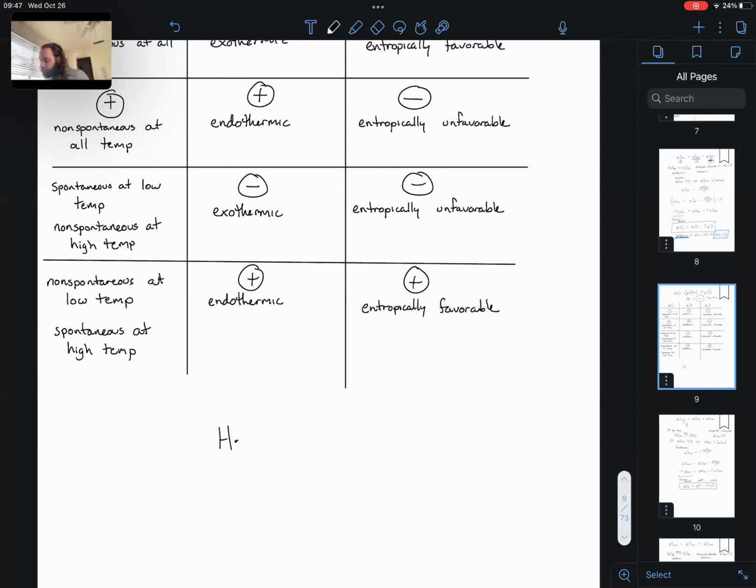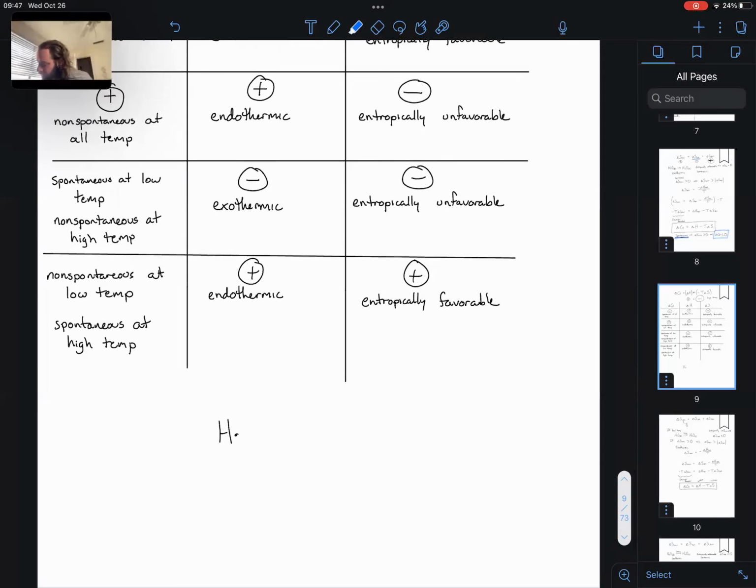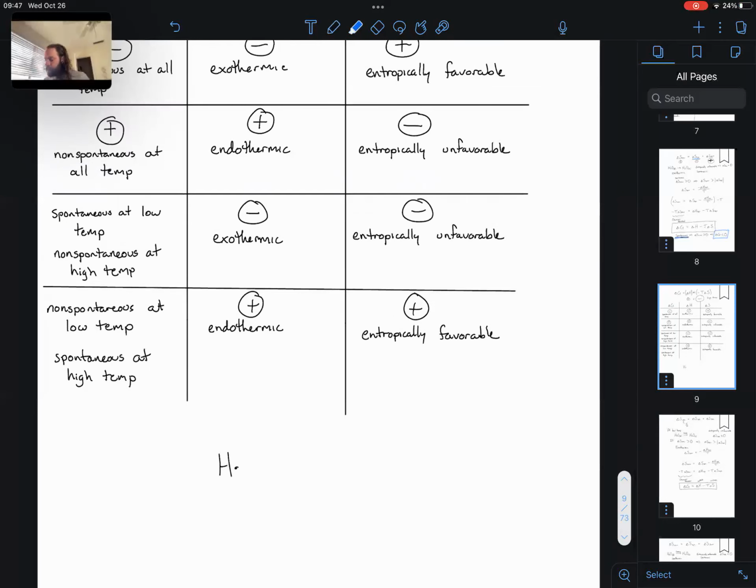Which one is going to fall under this category of being exothermic but entropically unfavorable? All right, so we'll do a short answer here. Freezing or melting, which one is exothermic but entropically unfavorable?